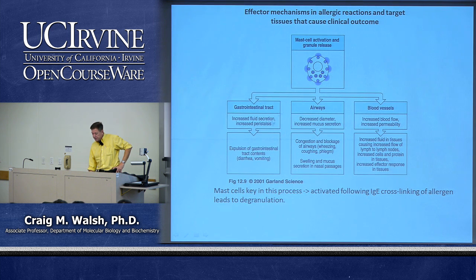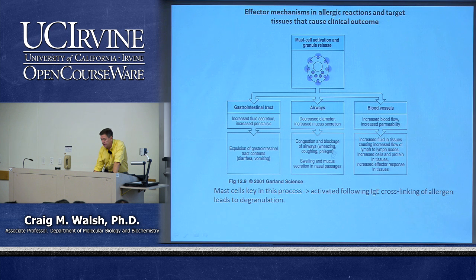If it gets in the airways, as we talked about, you're going to get localized activation of mast cells. The result is that some of these inflammatory mediators can decrease the diameter of the airway, and you also have an increase in secretion of mucus, which makes you start to wheeze and cough.